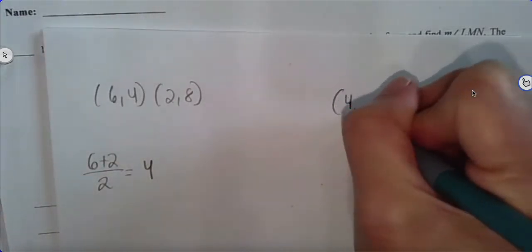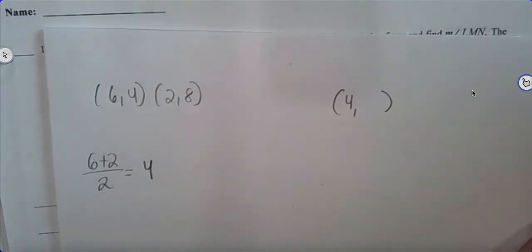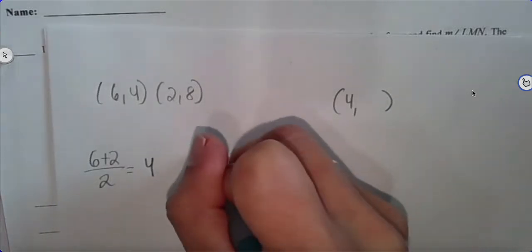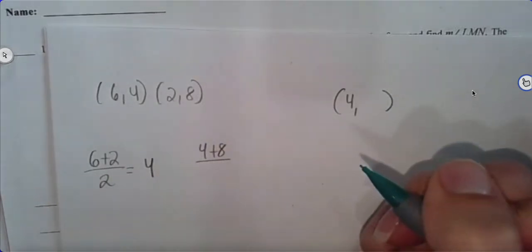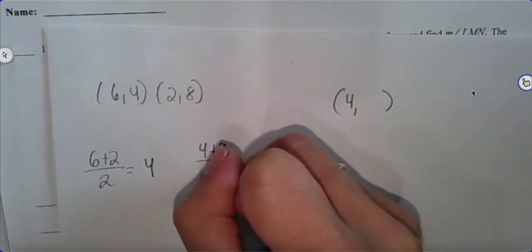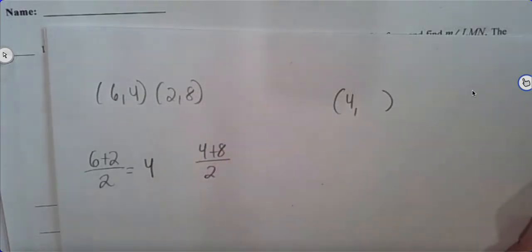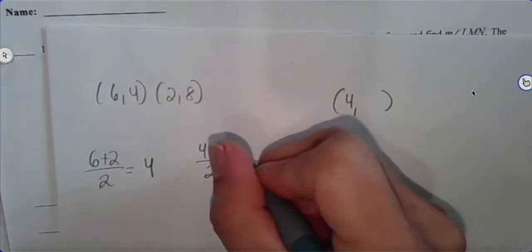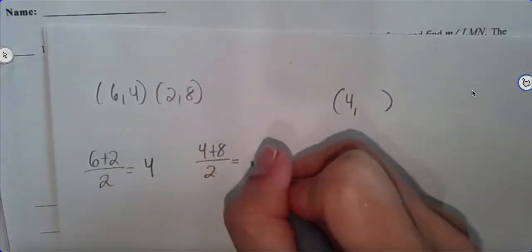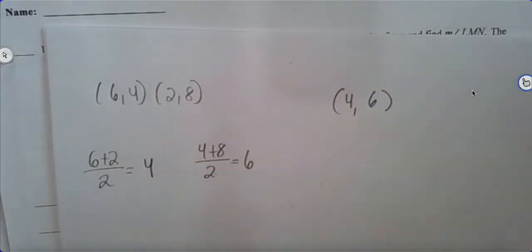So my x value is 4. What are my y values? 4 and 8. So I'll take the 4 and the 8 added together, and then divide by 2. That's 12 divided by 2, and my y value is 6.